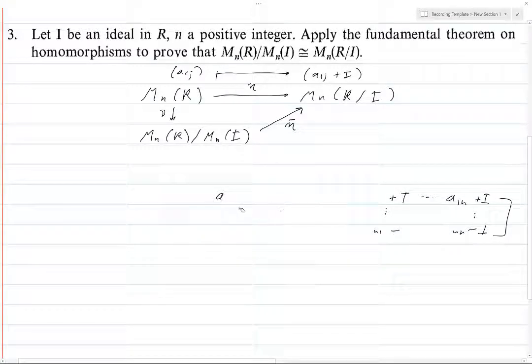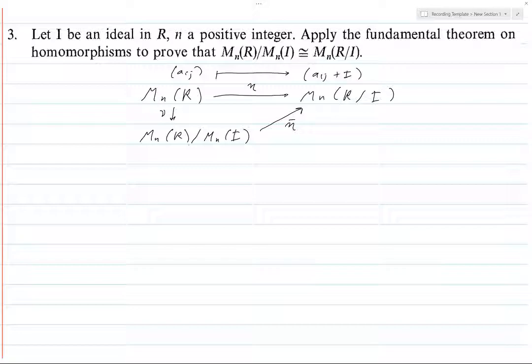All right, so let's actually do that. So first, we need to show that eta is a homomorphism of rings, right?